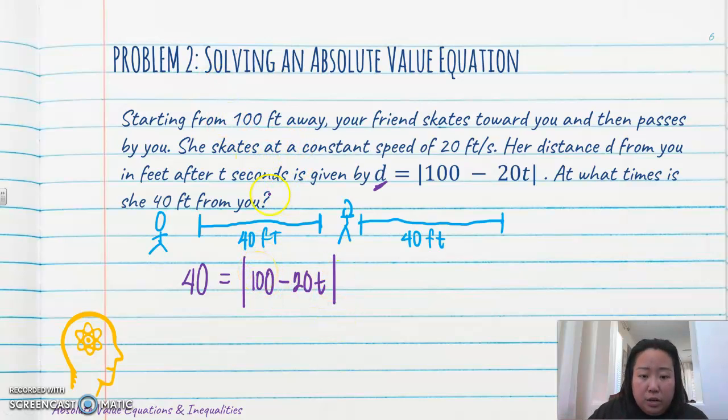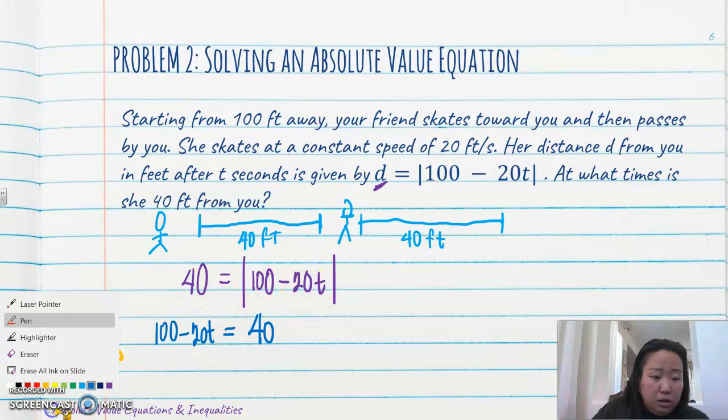So imagine if this is just one variable, the absolute value of x. How can you get an absolute value that is equal to 40? This whole expression, okay? So when we are looking for the two distances, 100 minus 20t could be equal to positive 40, okay? This expression could be replaced by positive 40.